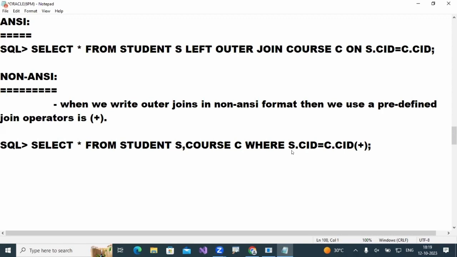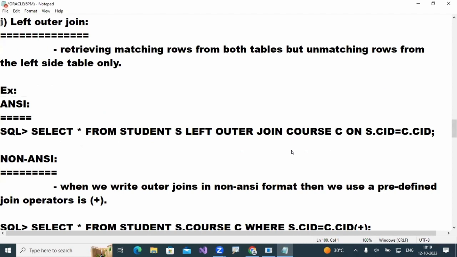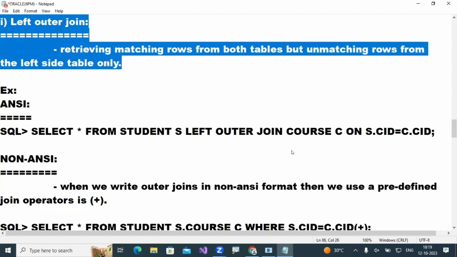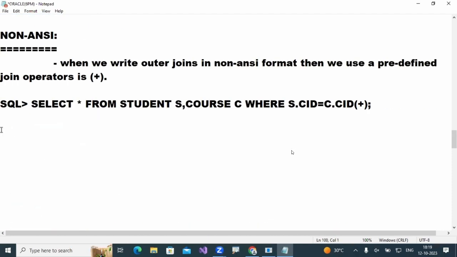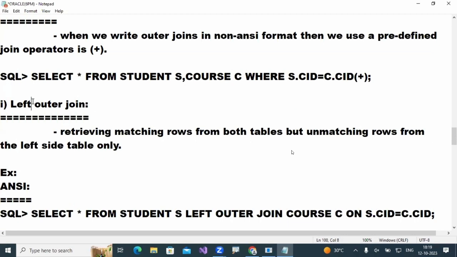The same applies if you want to go for the right outer join. How and which type of information are we retrieving here? We retrieve matching rows from both tables, but unmatching rows from the right side table only.